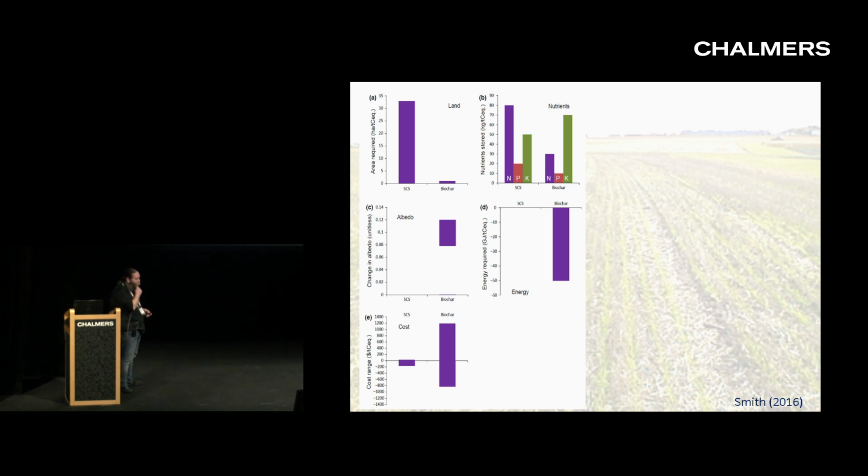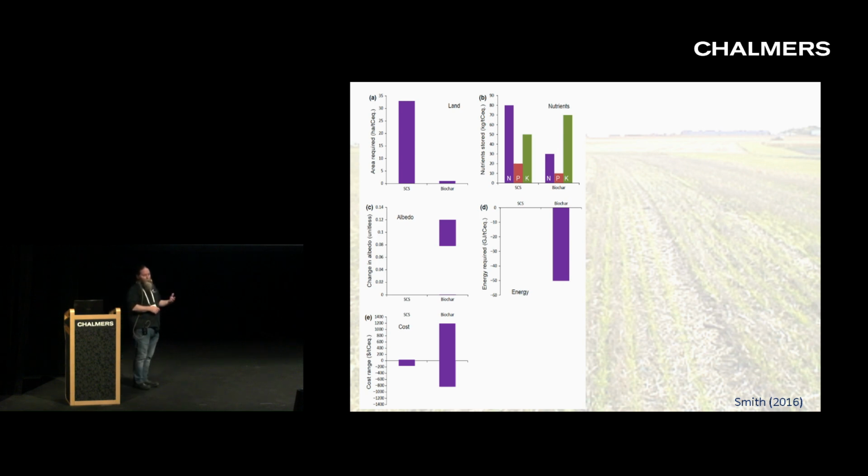So we can look at the impact. We don't only need to consider the impact on negative emissions. We can compare the potential, and I'll come on to those global potentials in a moment. But we need to consider the impact that it has on other ecosystem services and other things that we use. So in terms of the land footprint, these are all expressed per ton of carbon equivalent.